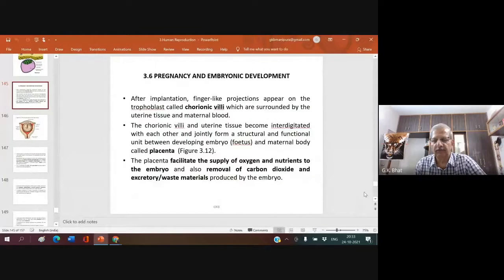So in today's class, we shall start to look into pregnancy and embryonic development. We have studied certain aspects of this in our previous classes.